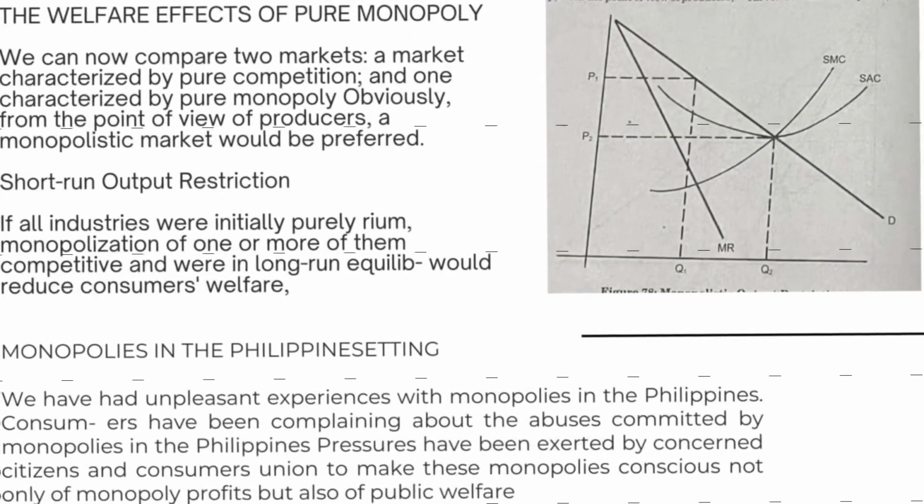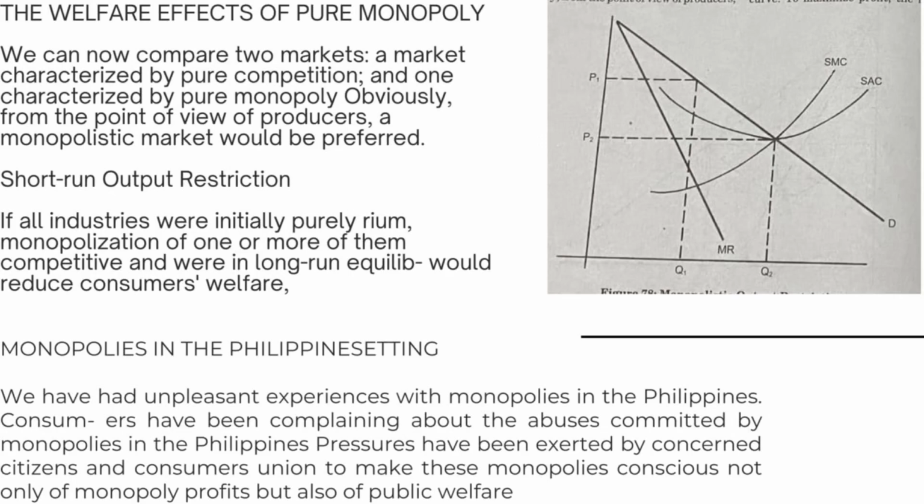The welfare effects of pure monopoly. We can now compare two markets, a market characterized by pure competition and one characterized by pure monopoly. Obviously, from the point of view of the producer, a monopolistic market would be preferred. Pure competition: in this market, prices are lower and output is higher, benefiting consumers.